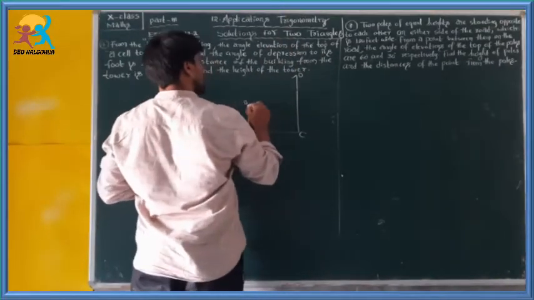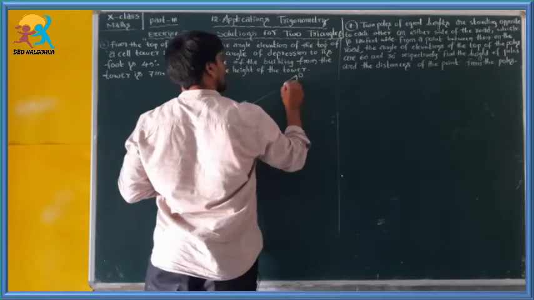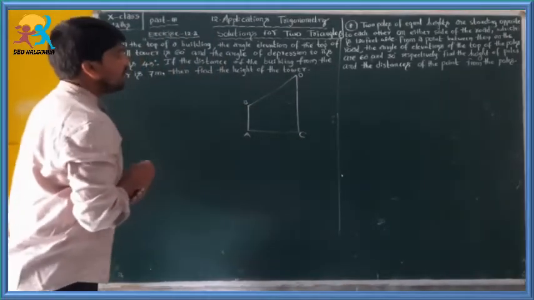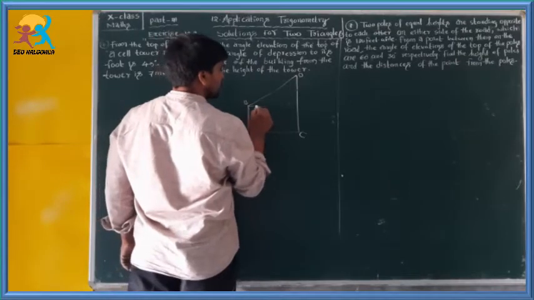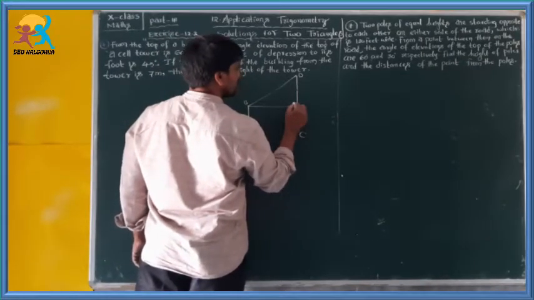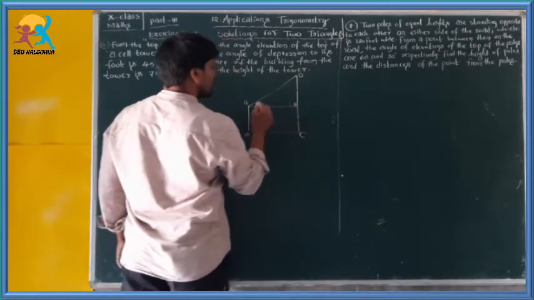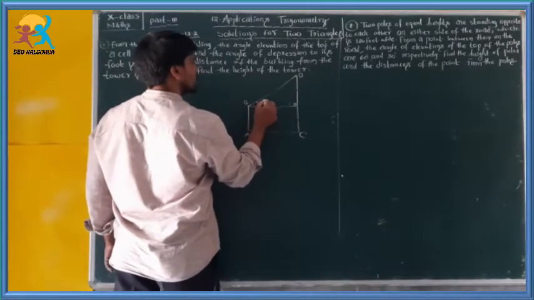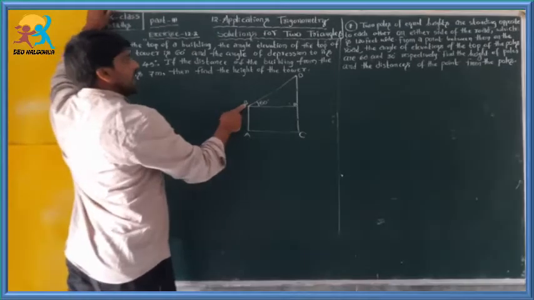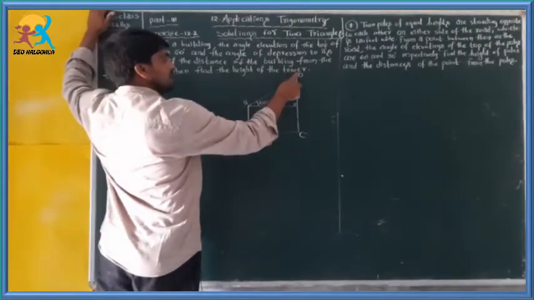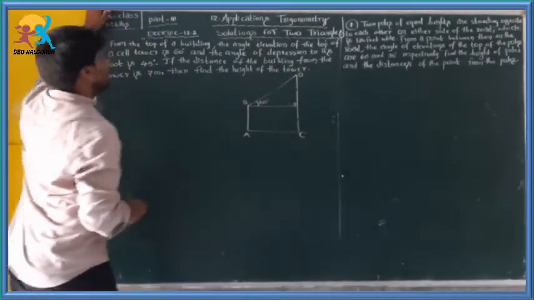So this is from the top of the building to the top of the tower. To write the angle of elevation, first of all consider a horizontal line through B. So the angle of elevation is 60 degrees. Okay.